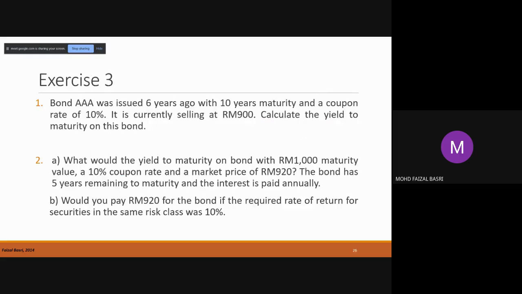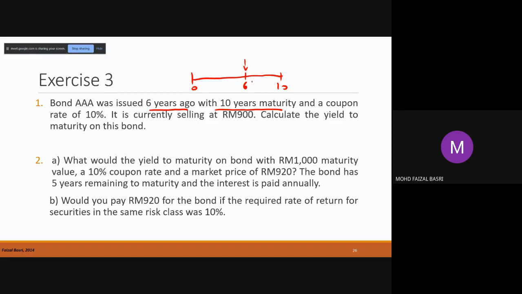Now, question number 1, exercise 3. Bond AAA was issued 6 years ago with 10 years maturity. If we put it in perspective, it is a 10-year maturity bond, but it was issued 6 years ago. Meaning, 6 years ago, you are here in the 6th year.